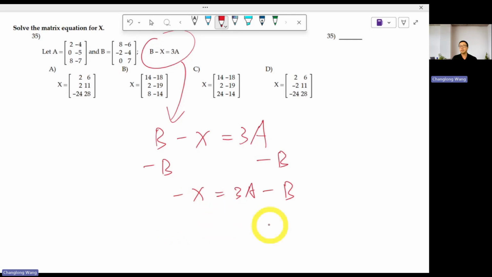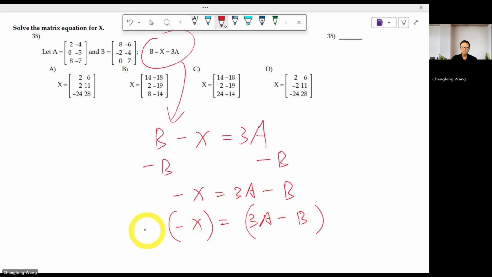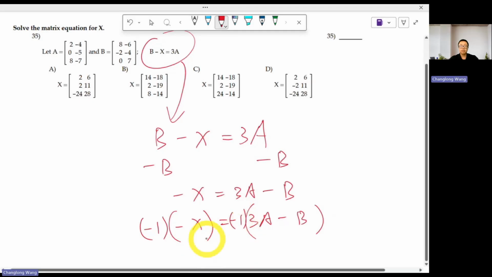But later on, since you're going to be dealing with matrices, division is actually kind of awkward. We do have a multiplication defined for the matrix, so I'll multiply both sides by -1.